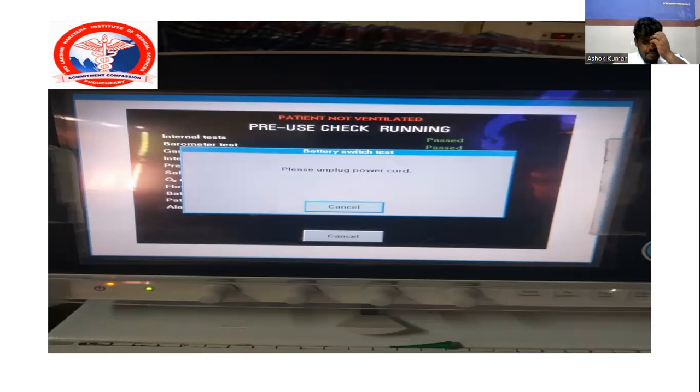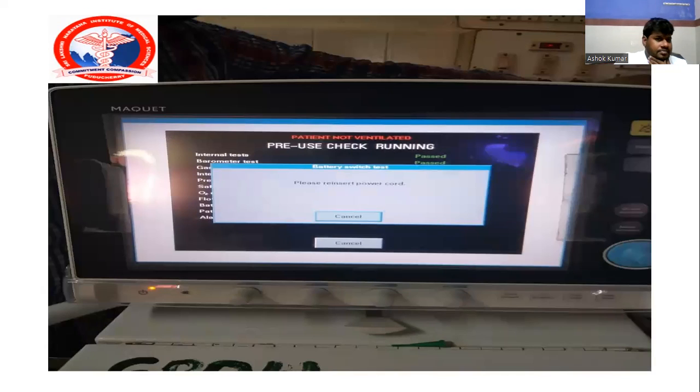For this test, please unplug the power cord to check the battery status. Once the battery switch test is completed, then reinsert the power cord. Once you know the battery status, there is enough power supply for the patient to be ventilated. It is a necessary safety step, particularly in situations where power is shut off.